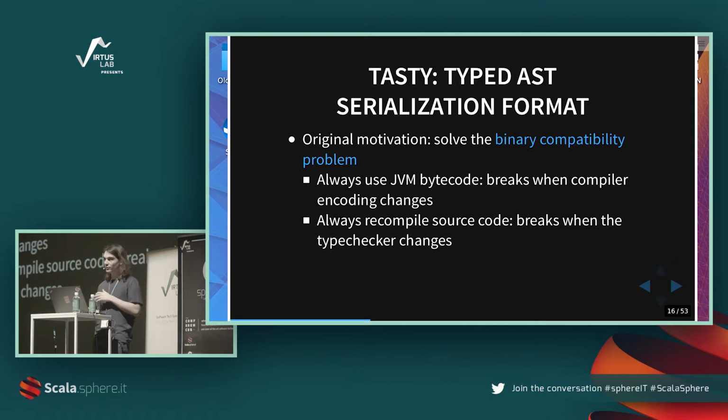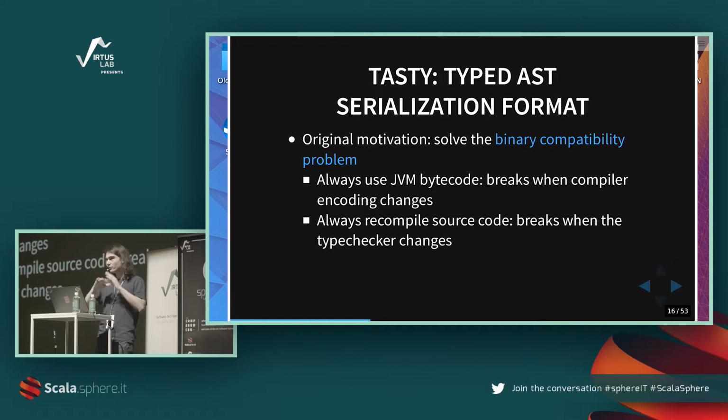And you cannot rely on doing everything from sources, first because it's slow to recompile everything from sources, and because the compiler might have changes which are not source compatible but are binary compatible, say if the type checking algorithm changes. So Tasty is sort of this intermediate solution where instead of relying on either the bytecode or the source code, you rely on the typed abstract syntax tree.